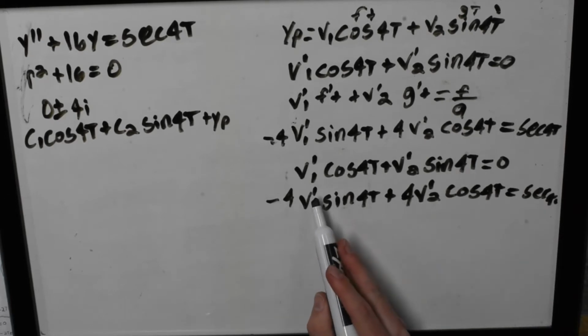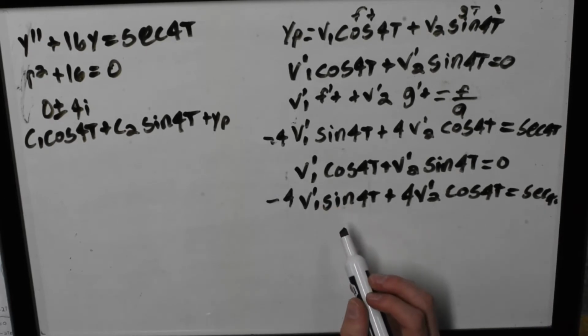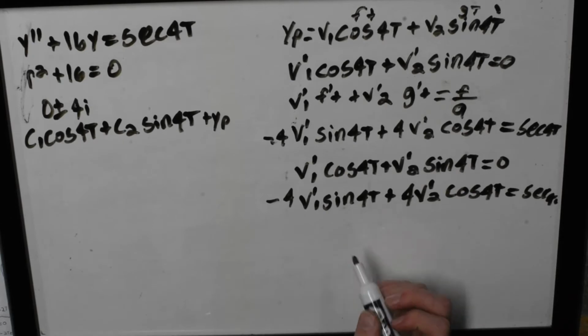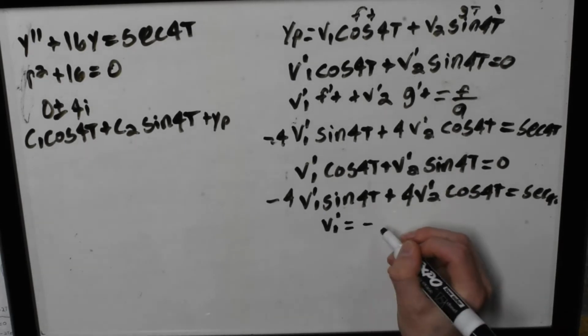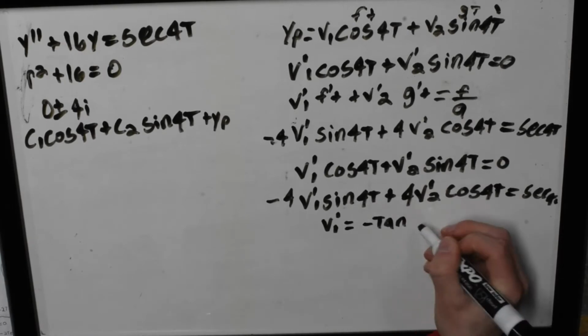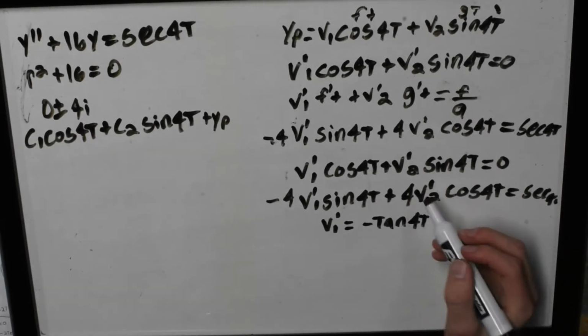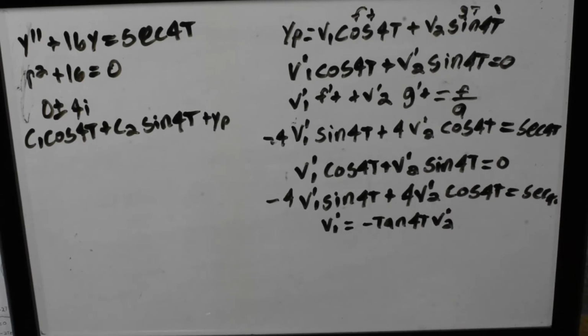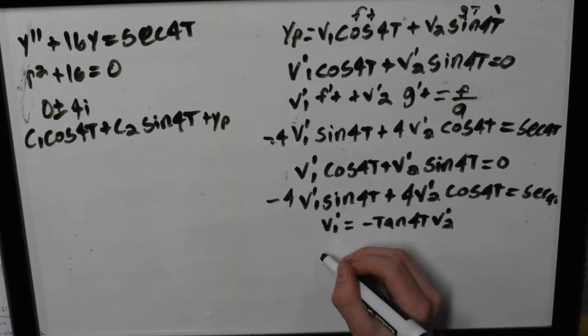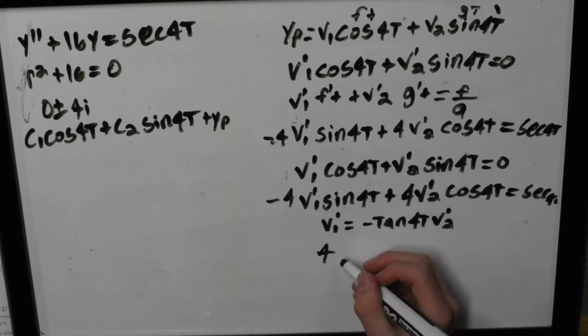Well, if we solve for v prime 1, we get a negative tangent. So v prime 1 is equal to negative tangent 4t. But don't forget about this v prime 2. If we plug v prime 1 into this, we get a double negative, so we get positive 4.